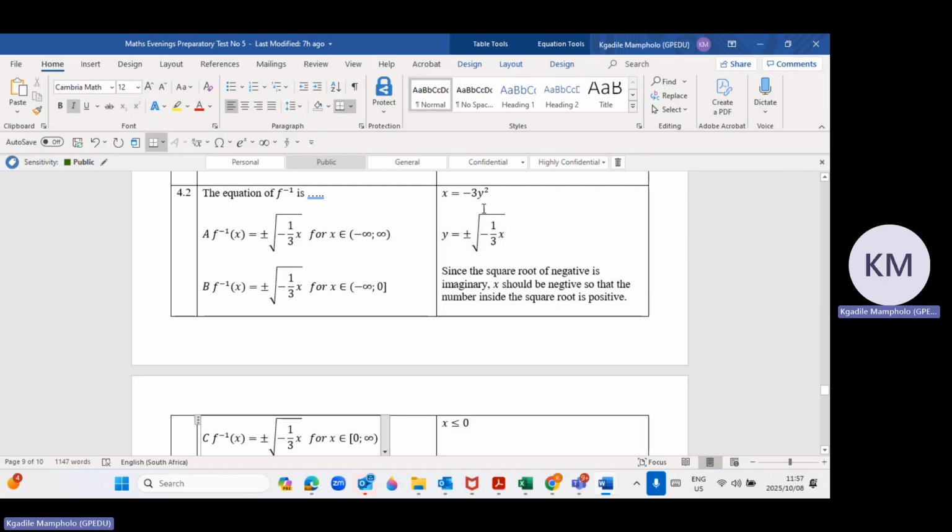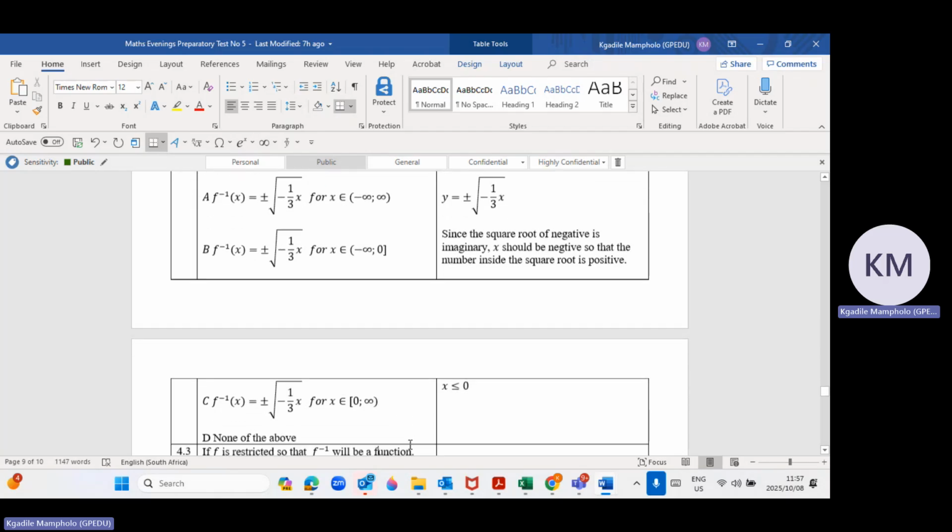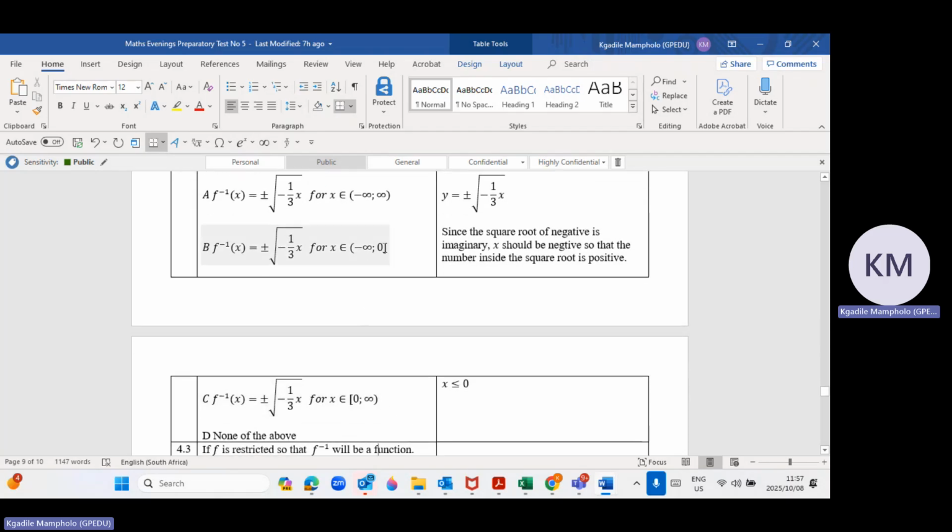So this will only be valid when x is negative, because negative times negative is a positive, when x is greater or equal to 0. So this will be valid when x is less than... The reason why the correct answer is this one is that 0 is included. If this is 0, this will still be valid, because the square root of 0 is 0.